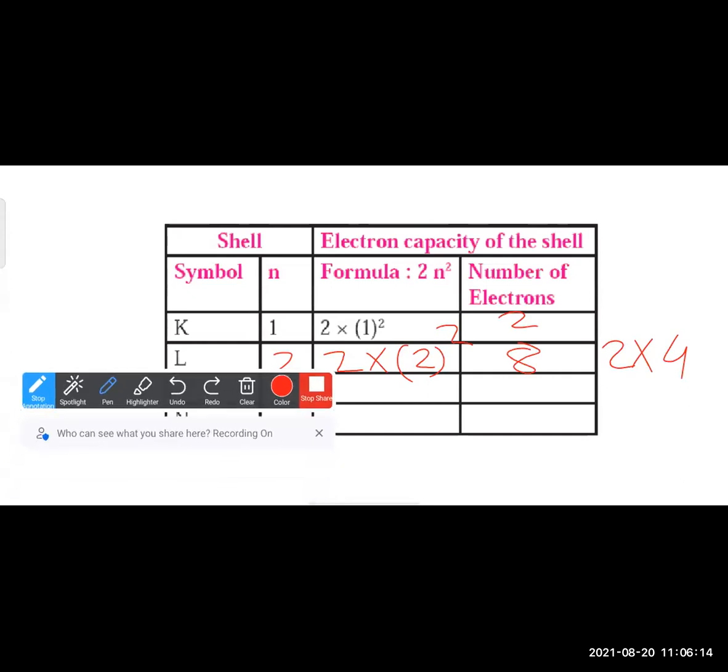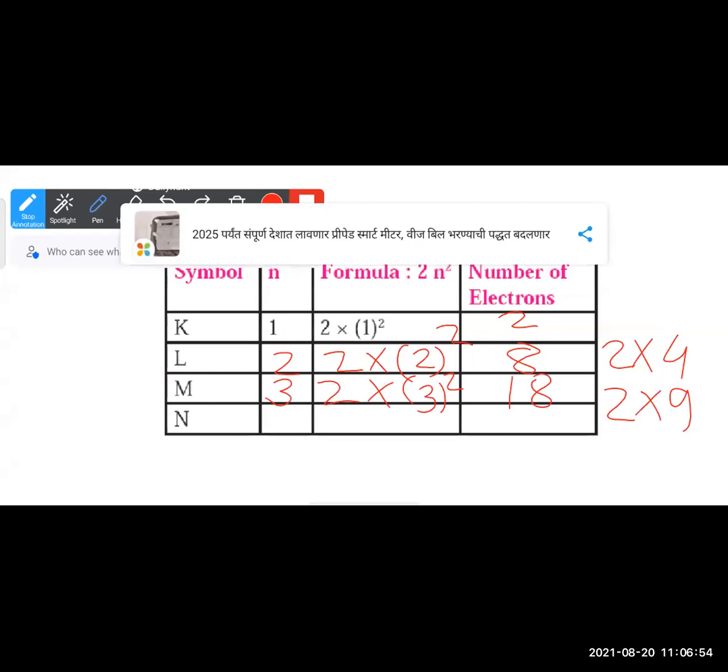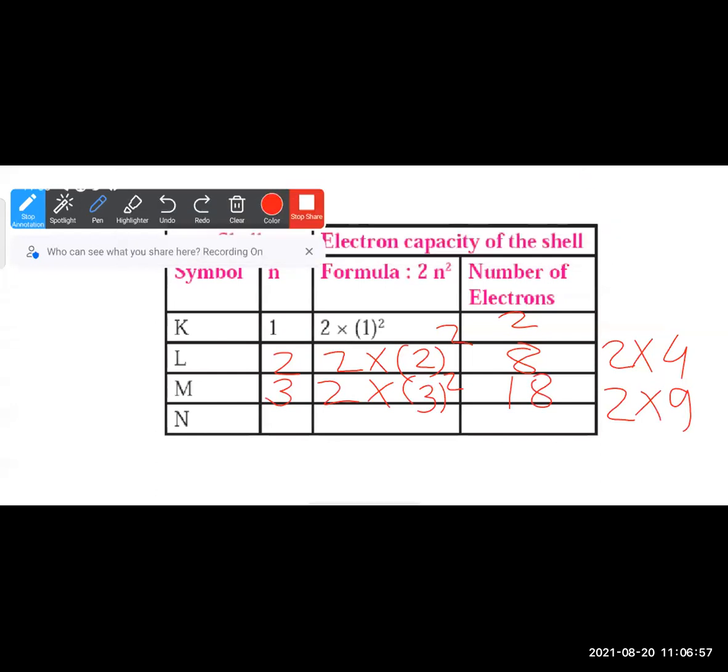So the first shell will have a maximum of 2 electrons, and the second shell will have a maximum of 8 electrons. For the third shell, n is 3, therefore 2 into 3 squared, that is 2 into 9, so the maximum number of electrons will be 18.